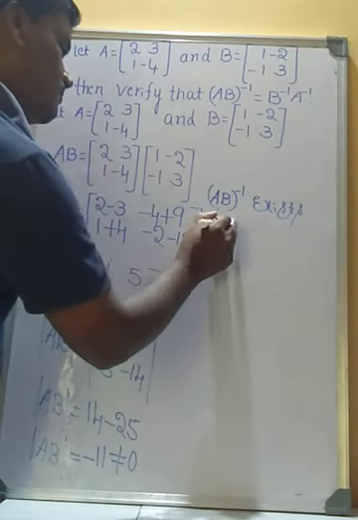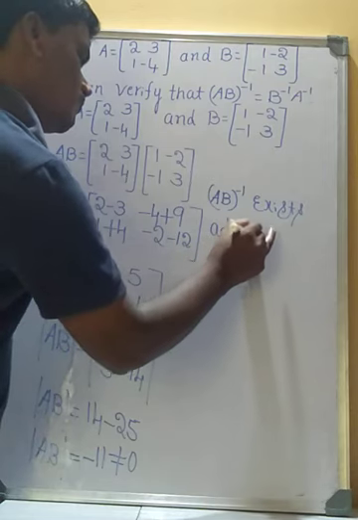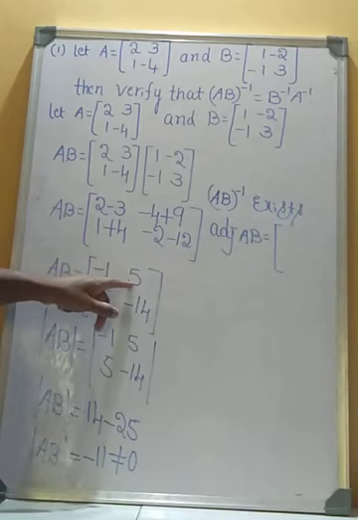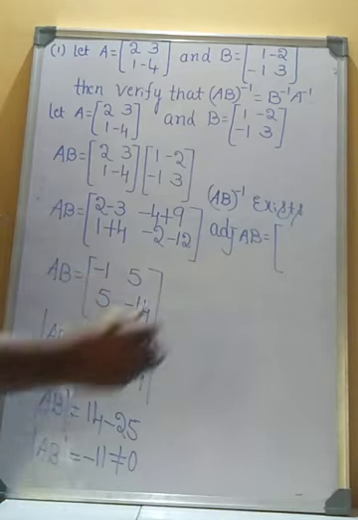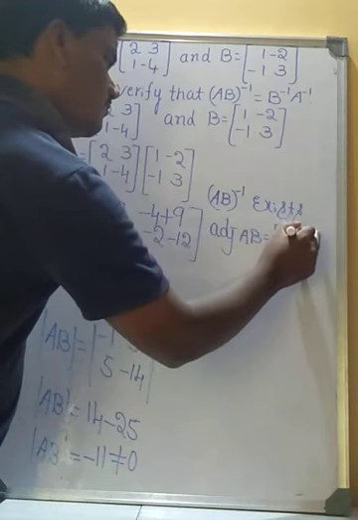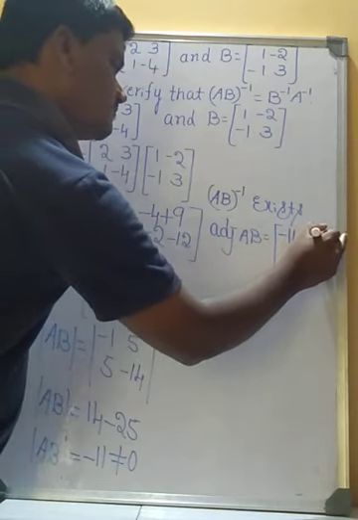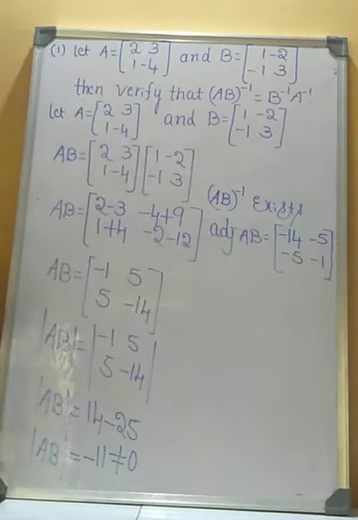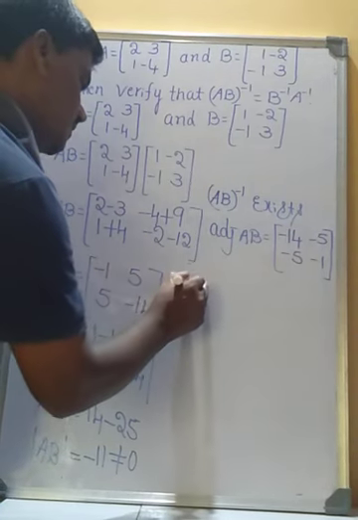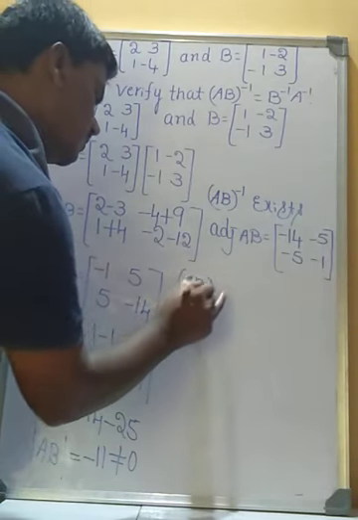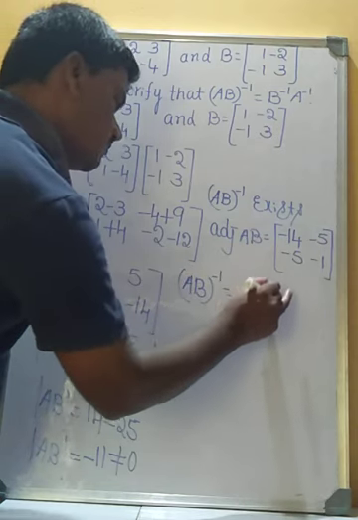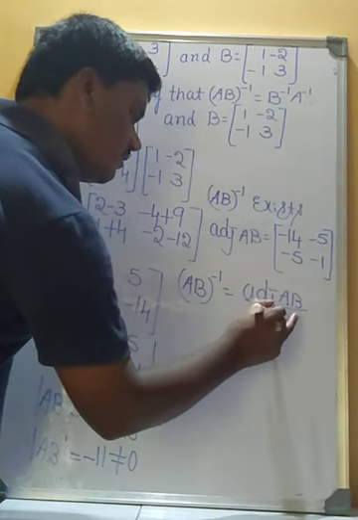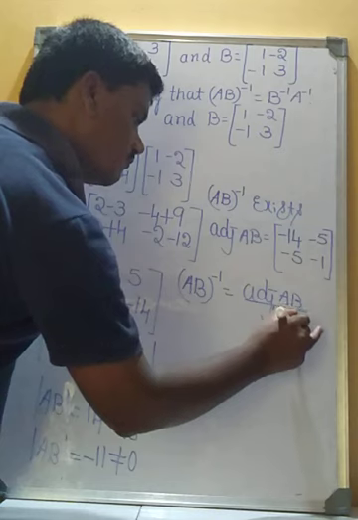The next, find adjoint AB. AB is [-1, 5; 5, -14]. Adjoint AB becomes [-14, -5; -5, -1]. Then AB inverse is equal to adjoint AB divided by determinant of AB.